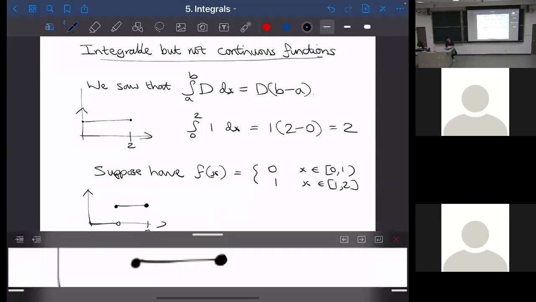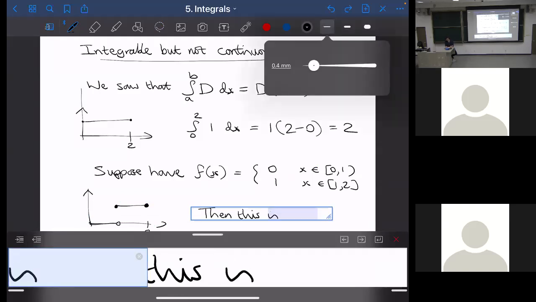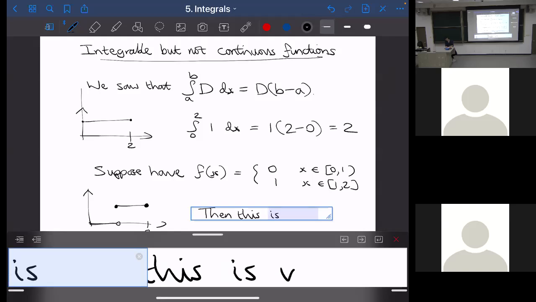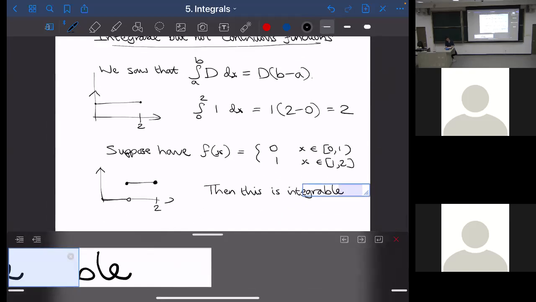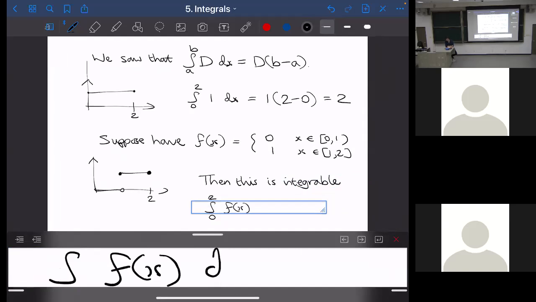Like this. And then this is actually integrable. And the integral from 0 to 2 of this f(x) is equal to 1. So you can check that with partitions.